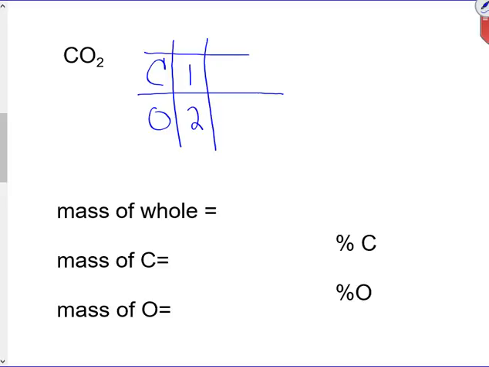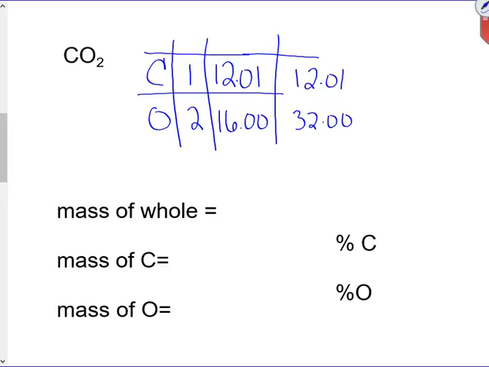Now look up the masses of each of these elements on the periodic table so we can multiply across. Carbon has a mass of 12.01. And oxygen is 16.00. So that's going to be 12.01 and 32.00 for a total of 44.01.